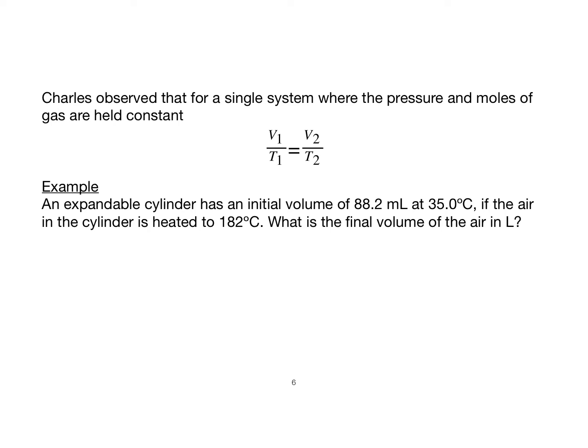So in this case, I'm going to decide that 2 is blue and situation 1 is red. If we have an initial volume, that makes this volume 1 and temperature 1, and we have temperature 2 as 182. So the first thing we need to think about is how do we convert temperatures back to Kelvin? So T1 is 35 degrees Celsius.